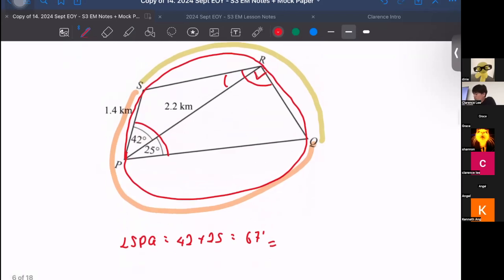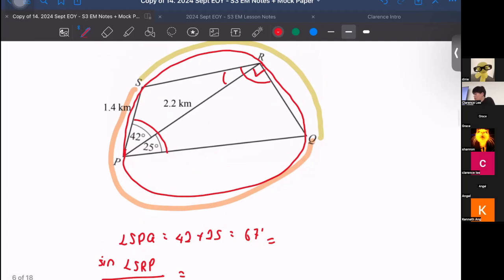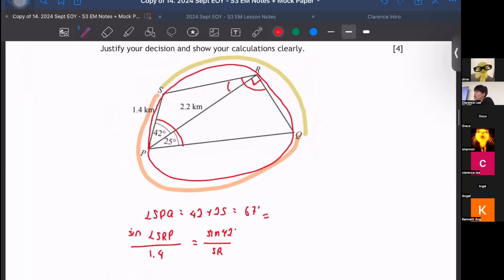If you are looking for SRP, sine angle SRP over the length opposite is 1.4. The only angle that we know is sine 42, and the length opposite is SR, which we don't know. So you have to find SR. To find SR, you must use cosine rule, which is why this is a 4-mark question.